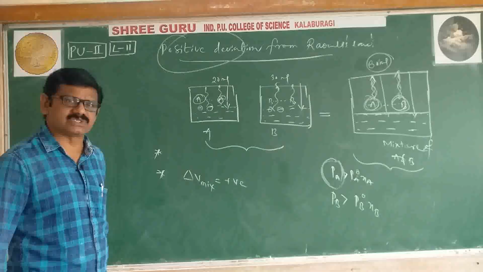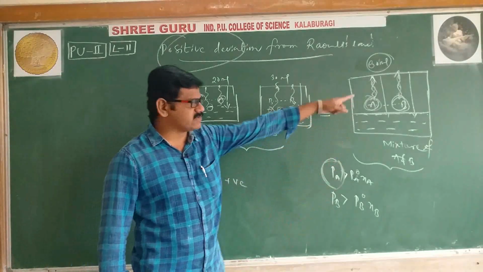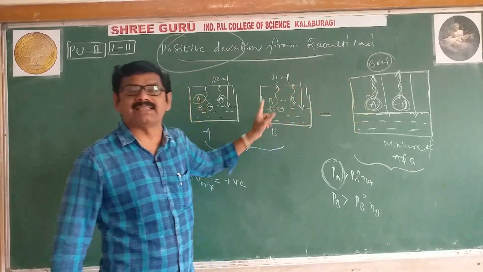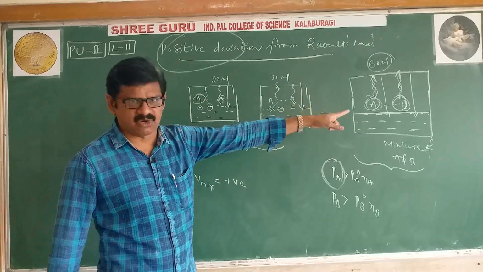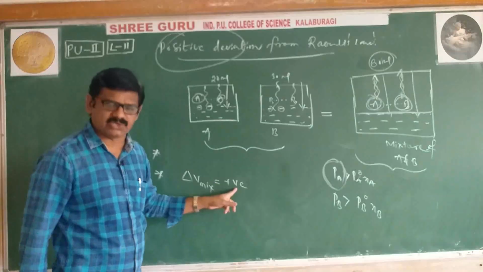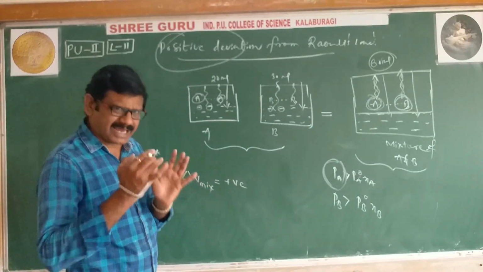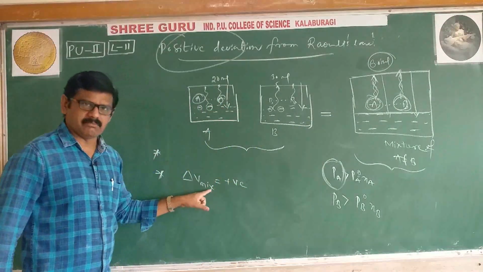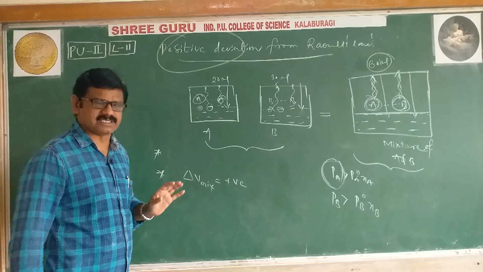Delta V mixing is positive. Why? Because volume increases. Final volume is more than the initial volume. Therefore, the resultant value you will get is positive. Blindly remember, volume increases, that's why delta V mixture is positive.